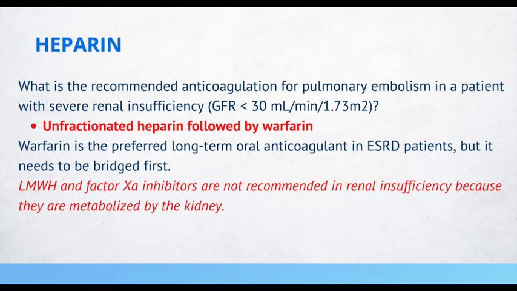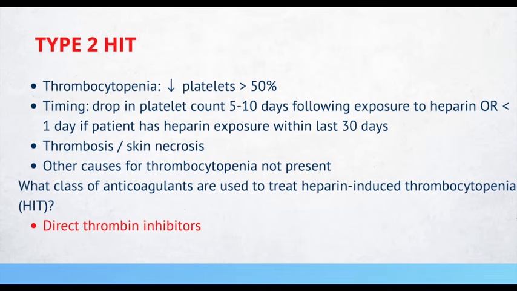So if a patient presents with thrombocytopenia, namely platelets decrease by greater than 50%, timing in that there's a drop in platelet count 5 to 10 days after exposure to heparin, thrombosis or skin necrosis, and other causes of thrombocytopenia are not present, you want to think about type 2 HIT.